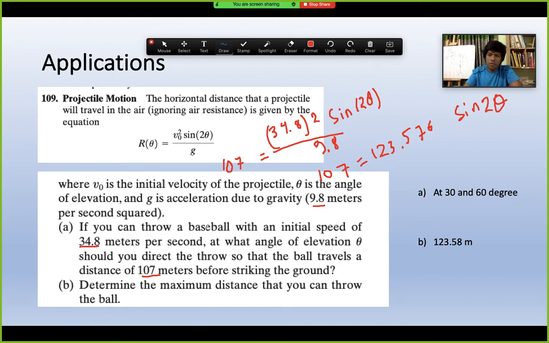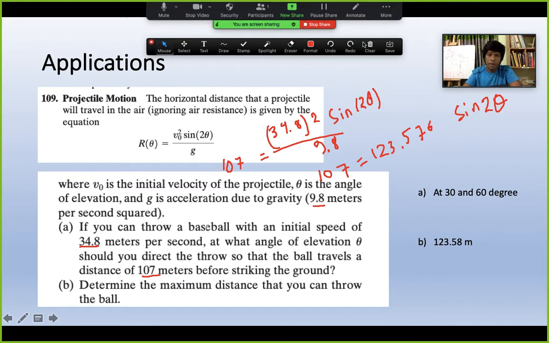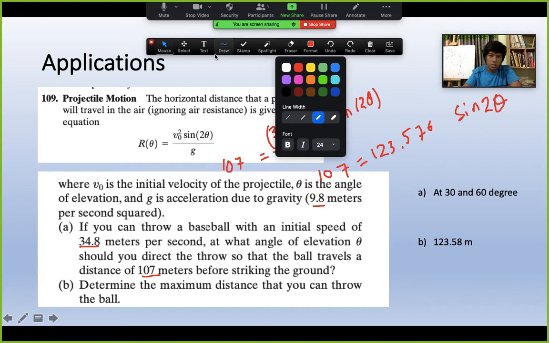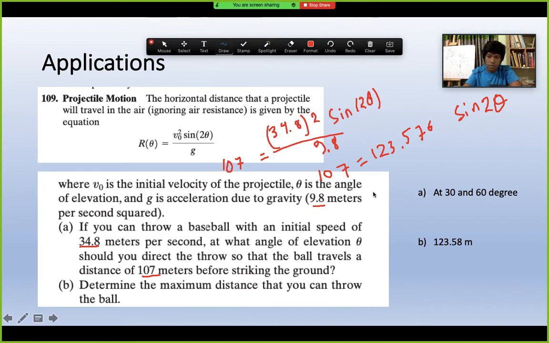Now since we are trying to find the sine value, let me write this value here. This value is 0.865, and there are many more digits here. So this is the answer, equal to sine 2 theta.